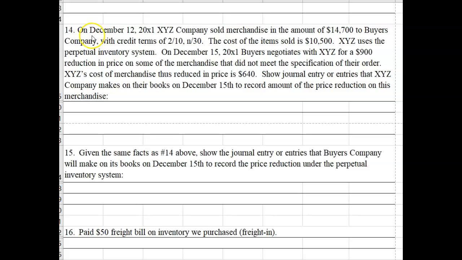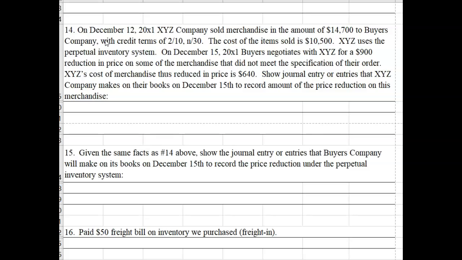Number 14. On December 12, 20X1, XYZ Company sold merchandise in the amount of $14,700 to Buyers Company with credit terms of 2/10 net 30. The cost of the items sold was $10,500. XYZ uses the perpetual inventory system.